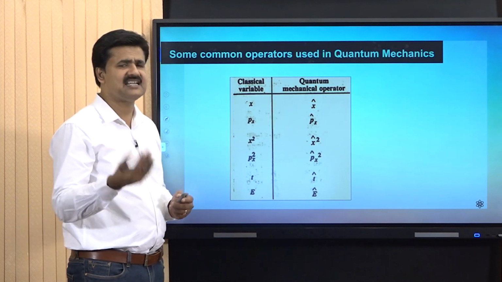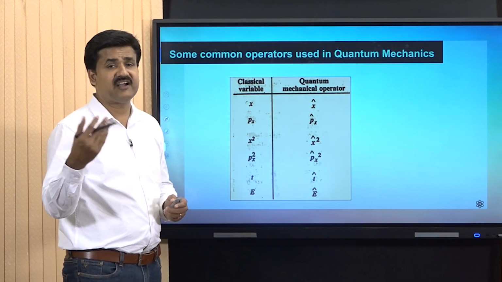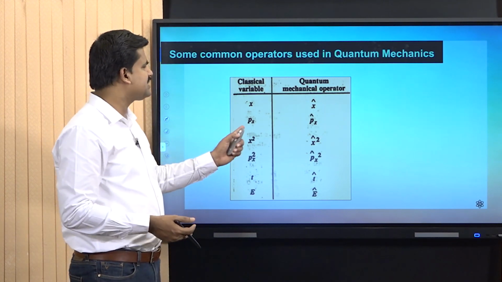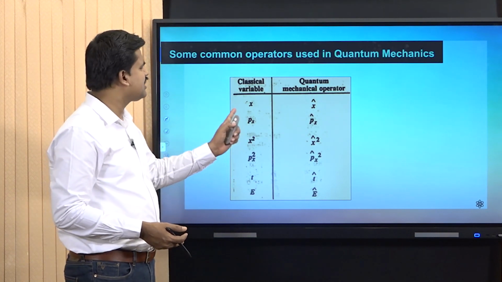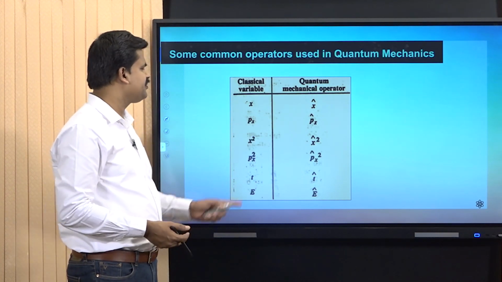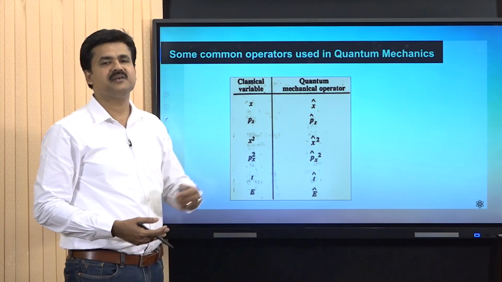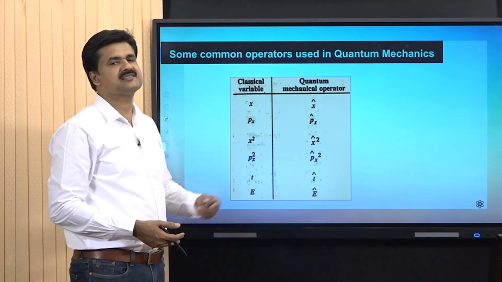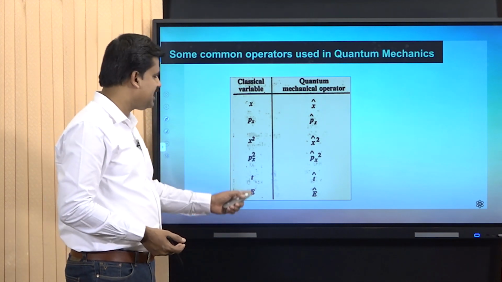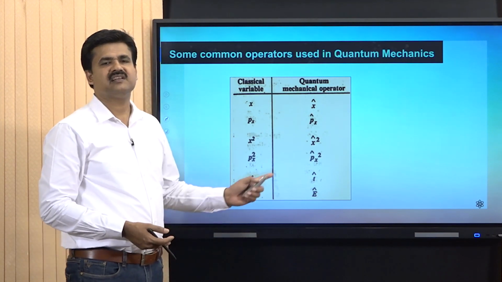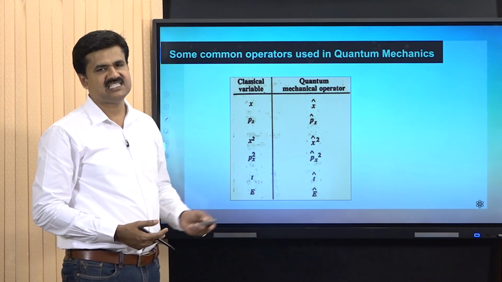Similarly, Y hat and Z hat represents position along Y and Z axis. Px stands for momentum along X axis. Similarly, Py and Pz are also there. X square is the square of the position operator. Px square is the square of the momentum operator. And also the last two, the time operator and energy operator.